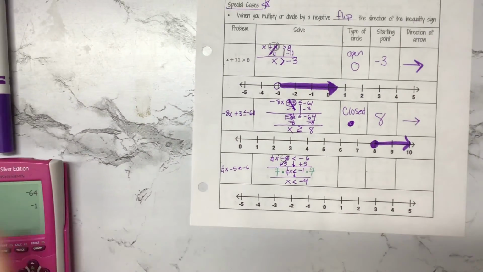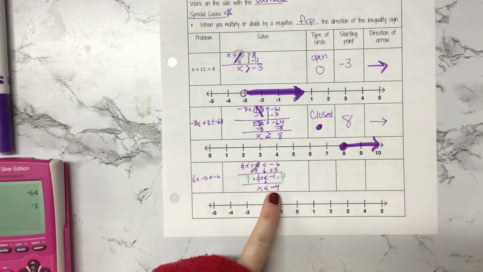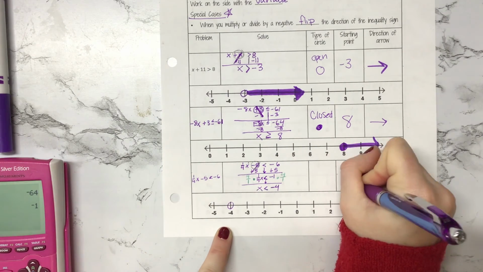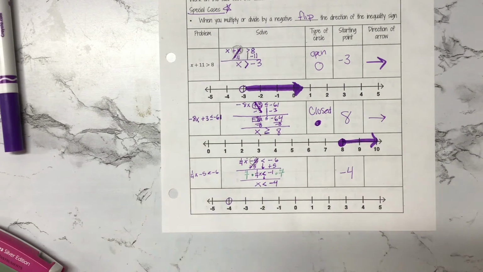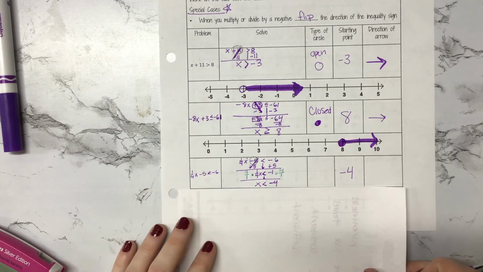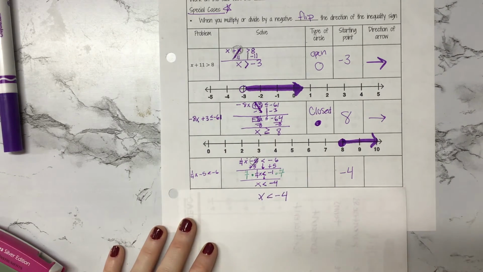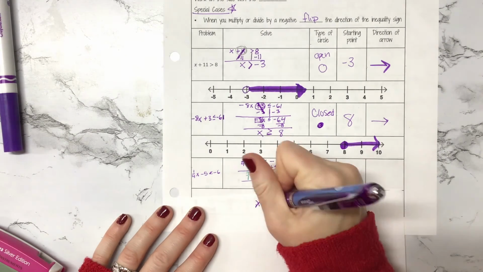So now I'm ready to graph. I put my circle on the starting point, so negative 4. And then I pick some test points to see which way my arrow should go. So my inequality is x is less than negative 4.